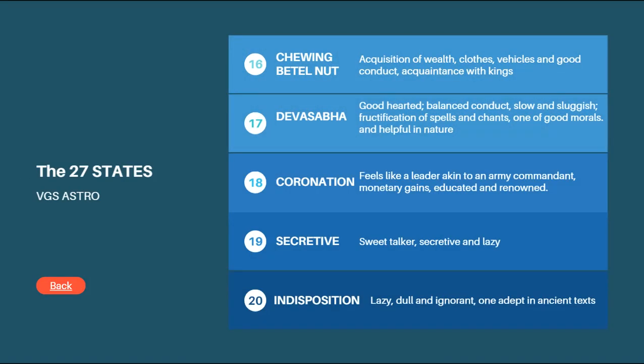We see that numbers 16, 17, and 18 are all very good. They're giving good results. 19 is okay. And number 20 is where, I saw this in the chart of a person in his late 70s or late 80s.